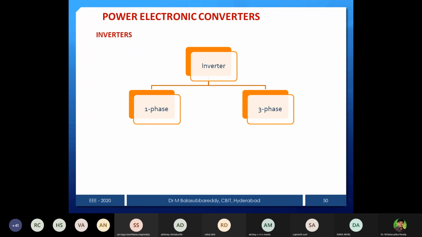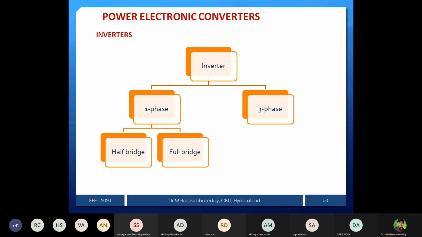And in the single phase, you can see the half bridge inverter and full bridge inverter, two types, like the half wave AC voltage controller and full wave AC voltage controller. In the half bridge inverter, the output is half of the input, whereas in the full bridge inverter you get the full output on the load side. So the load is connected as AC.